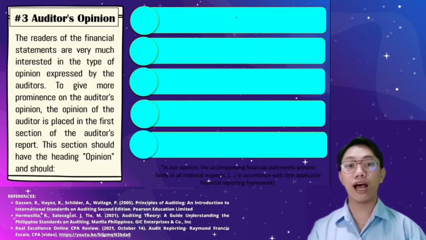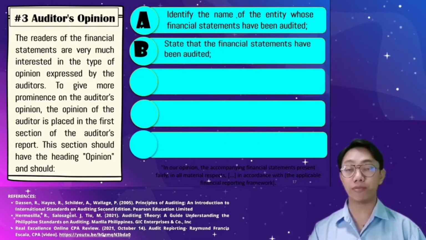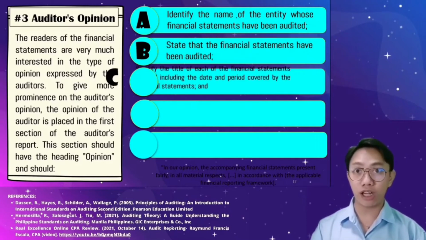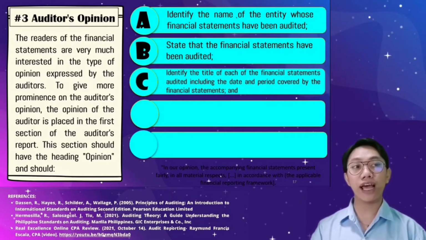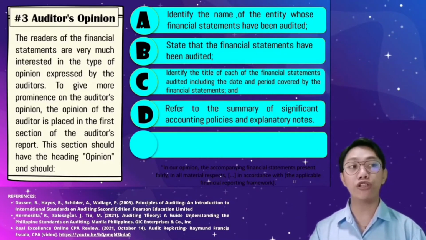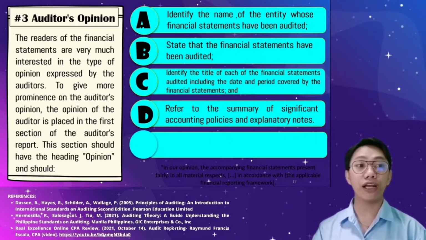This section should have the heading opinion and should first identify the name of the entity whose financial statements have been audited. Second is to state that the financial statements have been audited. Third is to identify the title of each of the financial statements audited, including the date and period covered by the financial statements, and refer to the summary of significant accounting policies and explanatory notes.